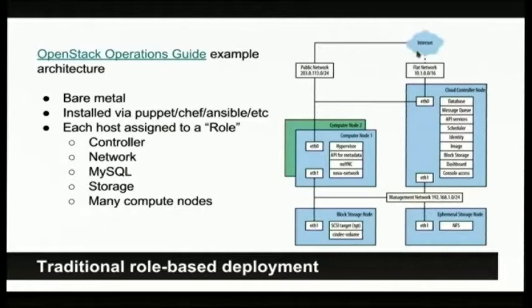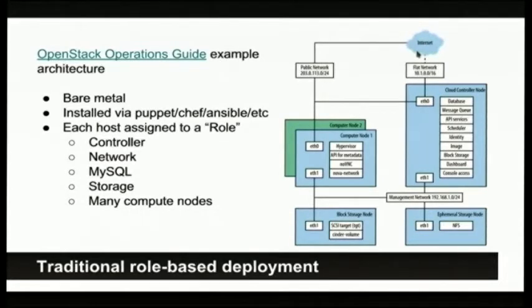I'm glad I'm on the big screen here, because these diagrams would be quite hard to see otherwise, but now they're 5 meters tall, so that helps. The classic deployment model, and this diagram is from the OpenStack operations guide, has a couple of control nodes, let's say 3.